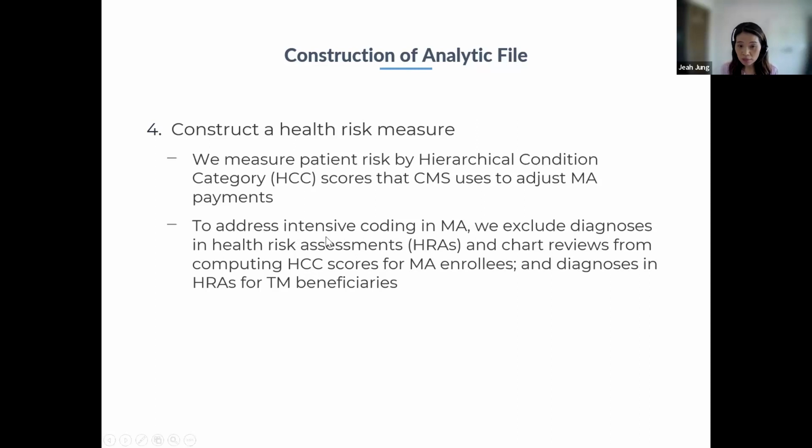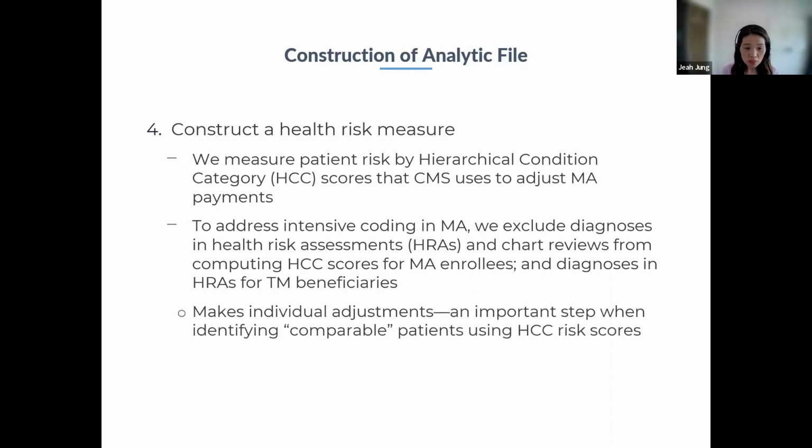So to address this intensive coding in MA, we excluded the diagnoses from health risk assessments and chart reviews from computing HCC scores for MA enrollees. TM data does not have chart reviews, but TM providers also have HRA, health risk assessment, records. So we also excluded diagnoses in HRAs for TM beneficiaries as well. These two, HRAs and chart reviews, are identified as main sources of intensive coding by MA plans.